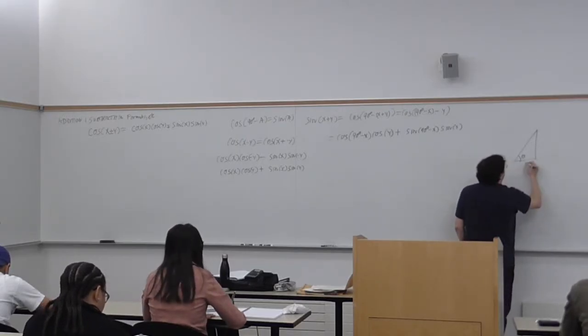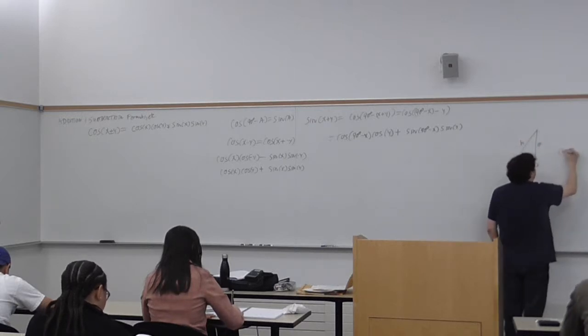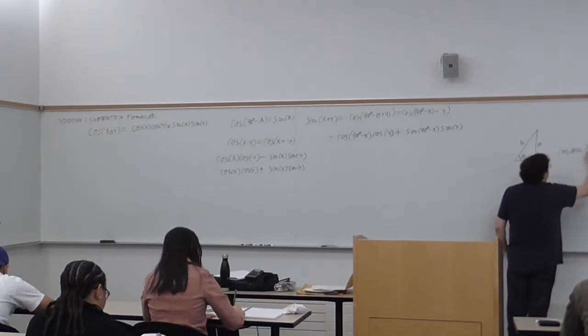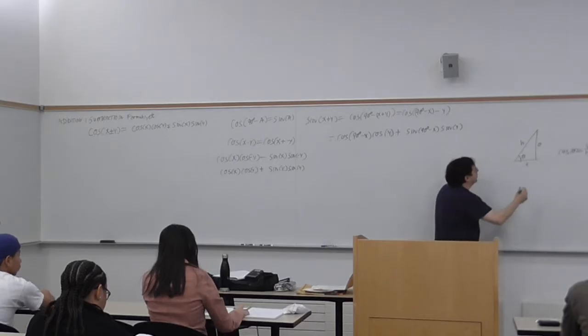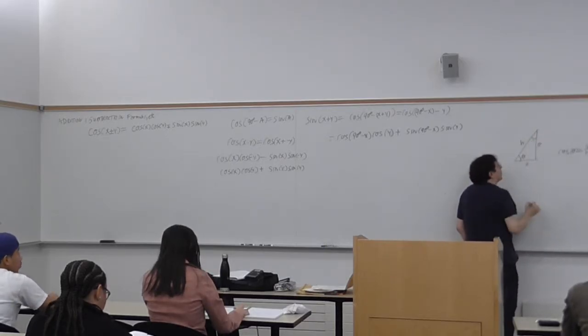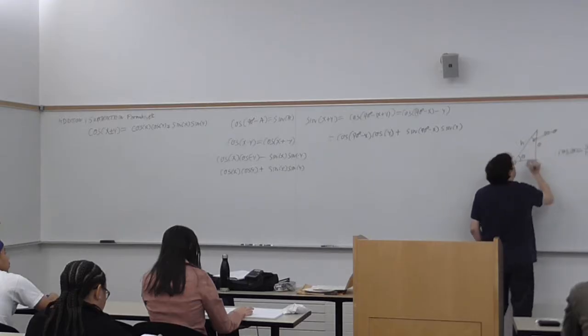The cosine. So adjacent over the hypotenuse, so the cosine of theta is the adjacent over the hypotenuse. Now if I look at this angle here, it's the complement, so it's 90 minus theta. Right?